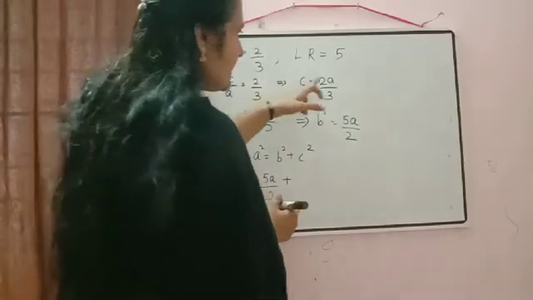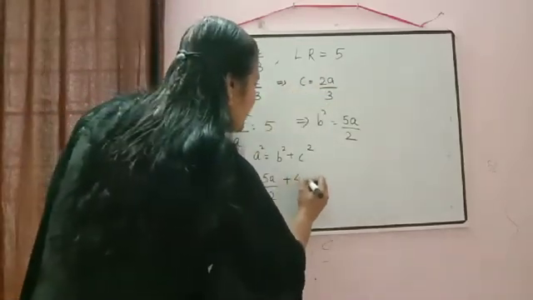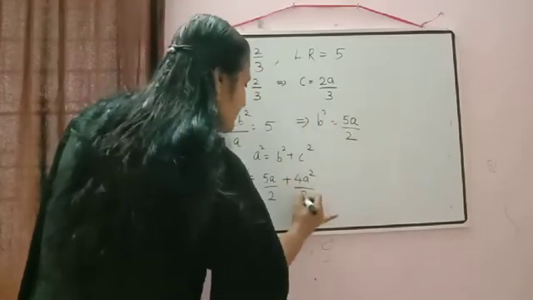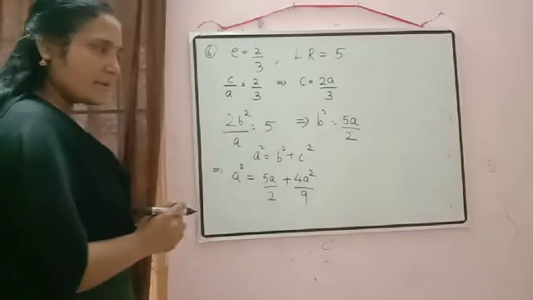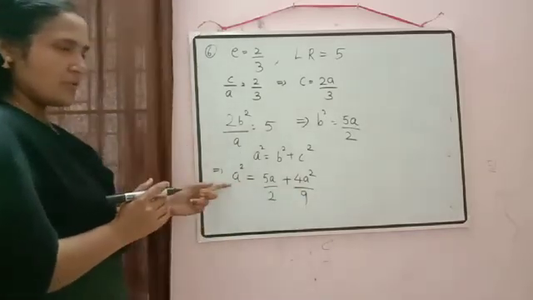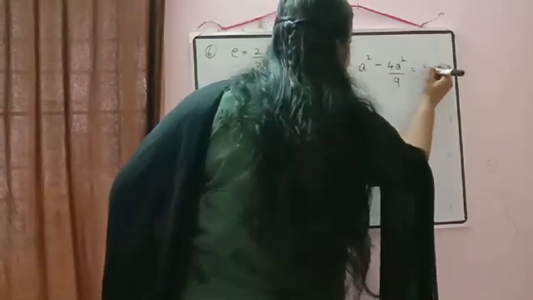We wrote here c is equal to 2a by 3. So c square will be equal to 4a square by 9. Correct? Now what we can do? We can shift this 4a square by 9 to left hand side. Then we will get here a square minus 4a square by 9 is equal to 5a by 2.